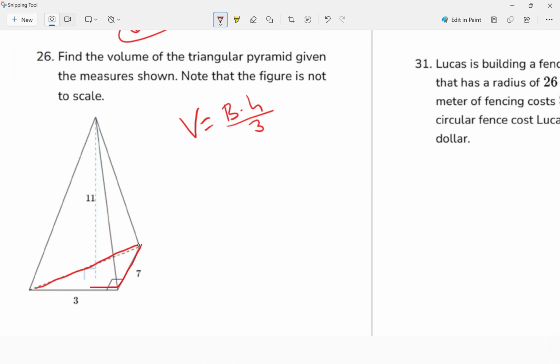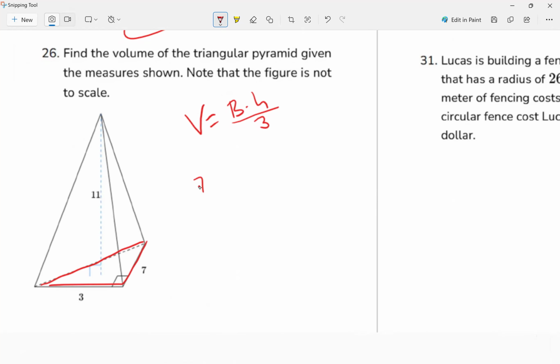I see my triangle at the bottom, and for the triangle, I have to go 7 times 3 divided by 2. And then I have to multiply this by 11, which is the height. And then I'm going to divide this by 3.